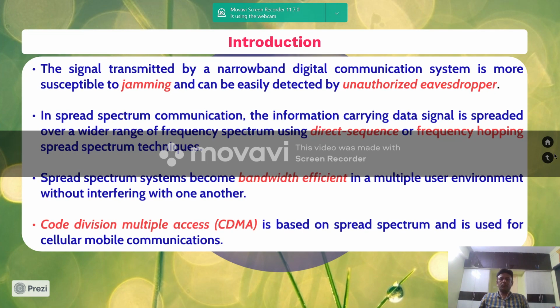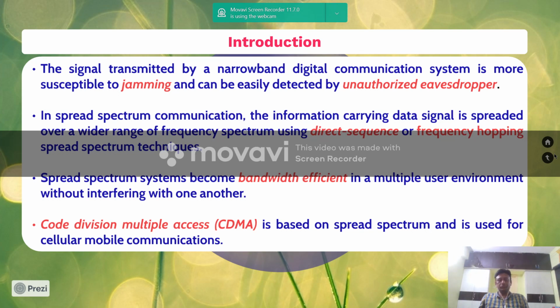Introduction to spread spectrum communication. The signal transmitted by a narrowband digital communication system is more susceptible to jamming and can be easily detected by an unauthorized eavesdropper. Anybody can hack this message information if it is transmitted directly with a narrowband digital communication system.